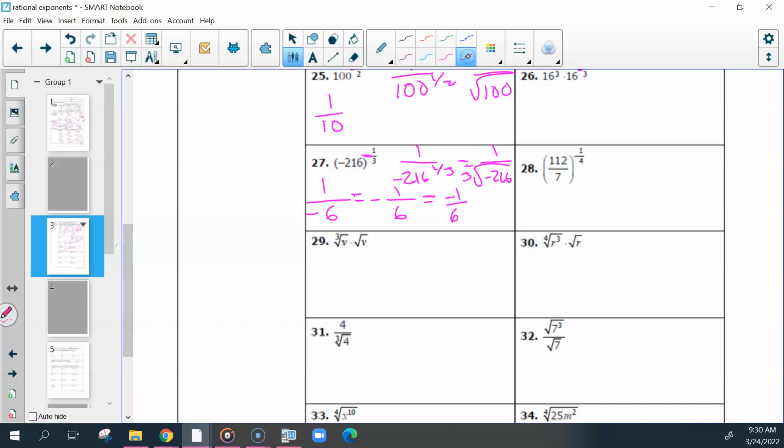28. Can we divide these two? Try it. That can help us a little bit.